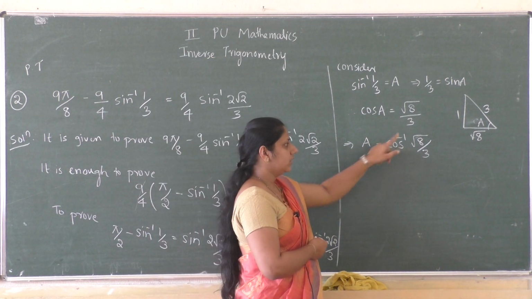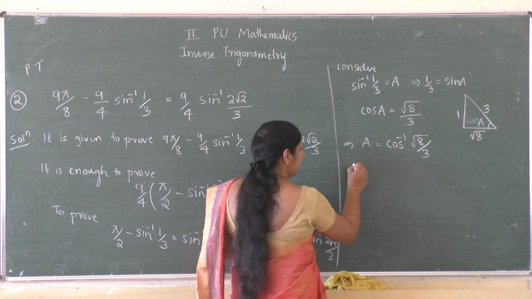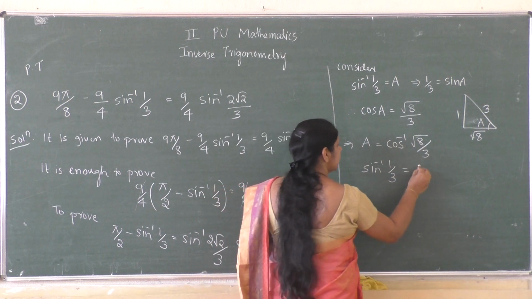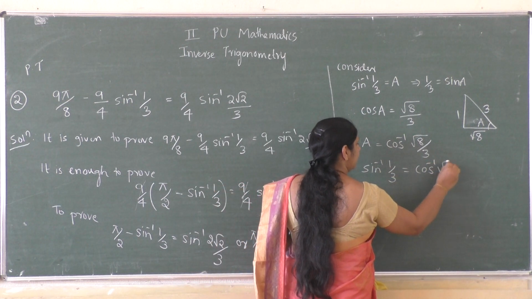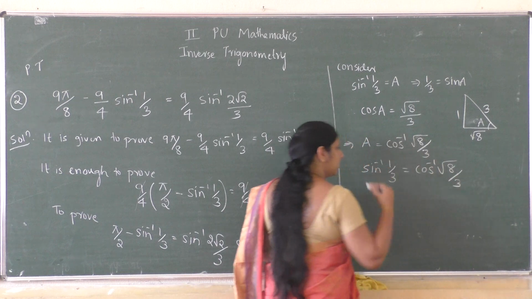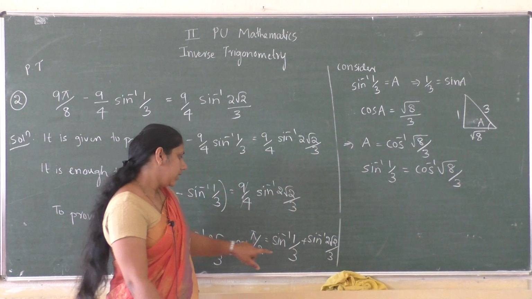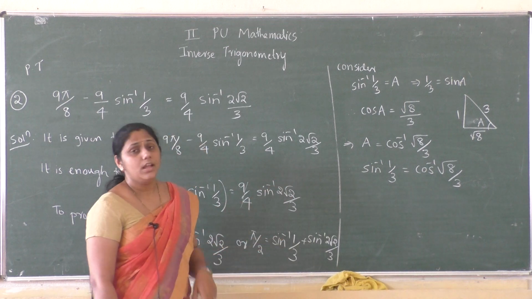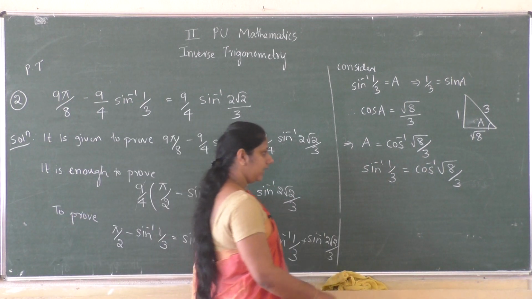A equal to cos inverse of root 8 by 3. Therefore I can write sin inverse 1 by 3 is equal to cos inverse root 8 by 3. So in the condition, in the place of sin inverse 1 by 3, I can take cos inverse root 8 by 3.